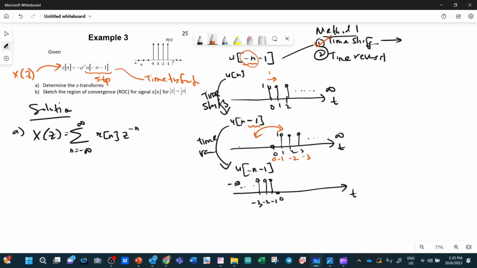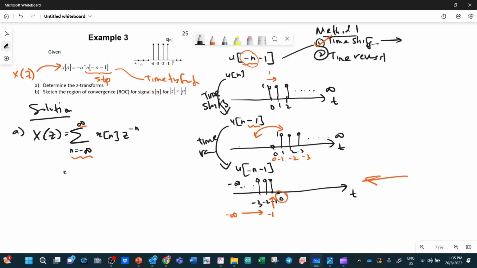So you see that you need to determine the range of summation. For your case, you need to refer to this last signal that you plotted. What are the values? It's from minus infinity until minus 1 over here. At 0, you don't have a value. Okay, so it's from minus 1 until minus infinity.